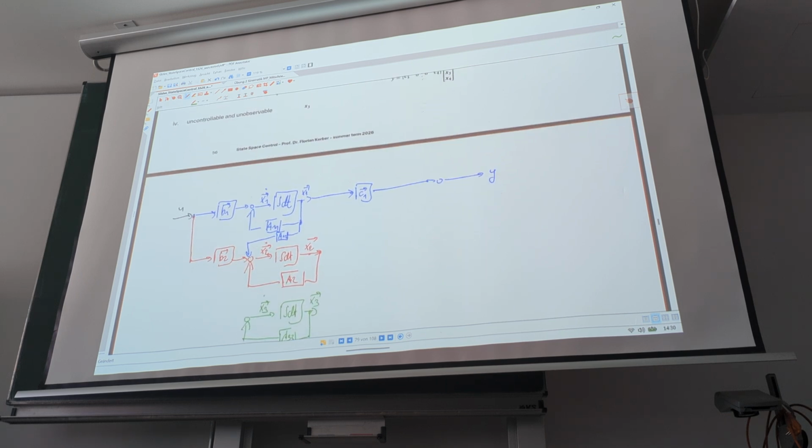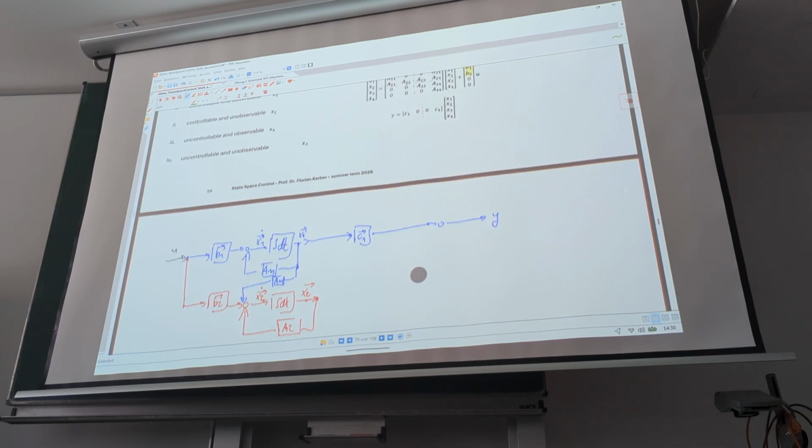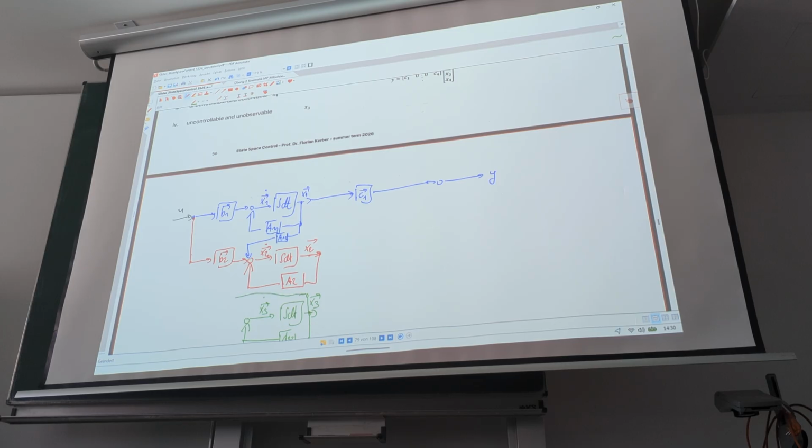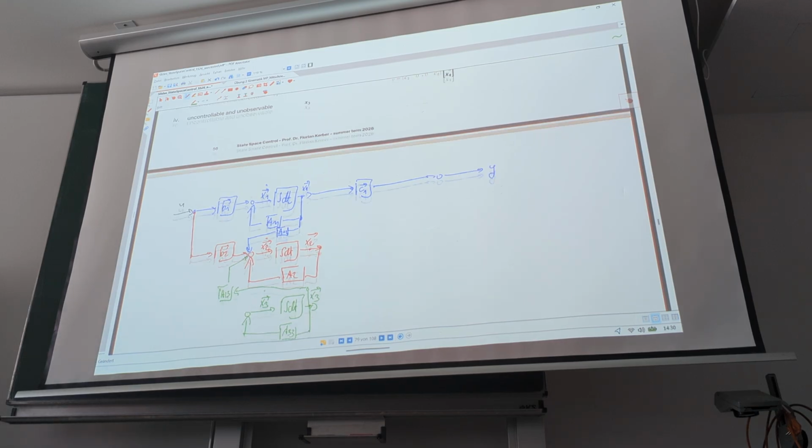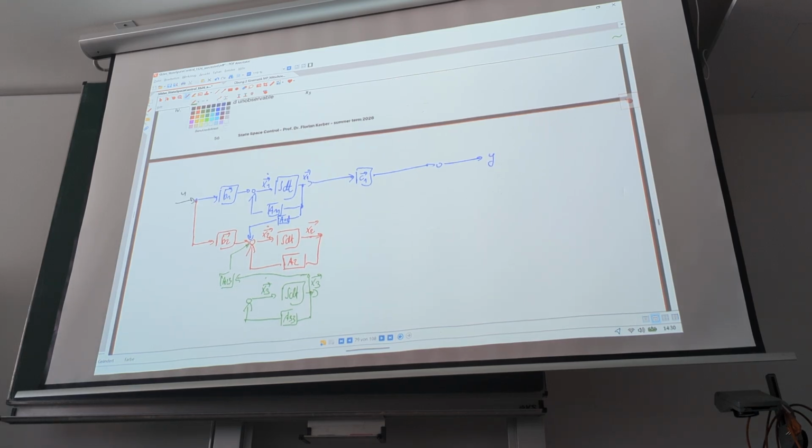So the only thing that happens here is that this x3 goes with the A23 in here. But this is neither affected by the input, nor is it seen anywhere in the output, right? So it's not observable, it's not controllable.